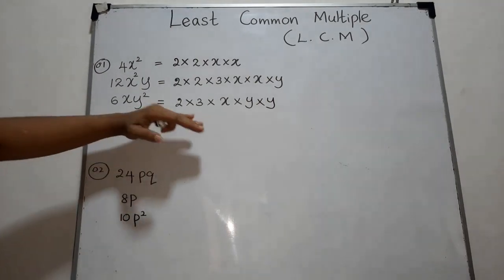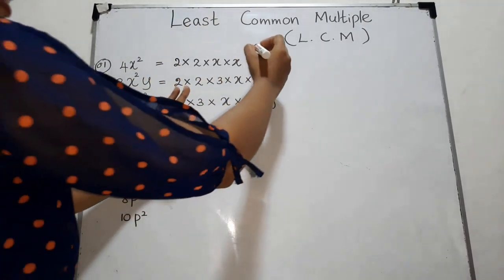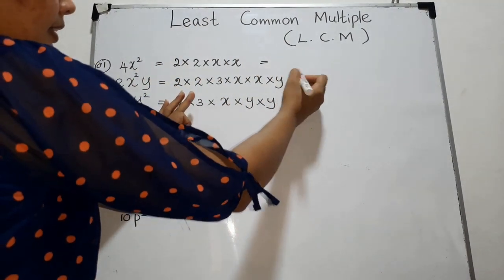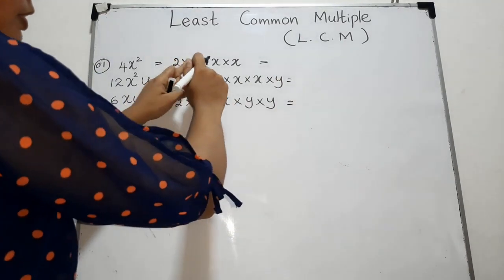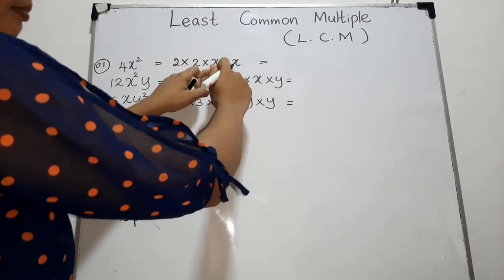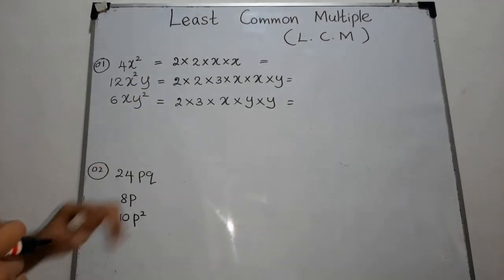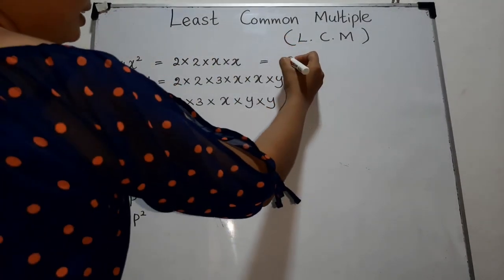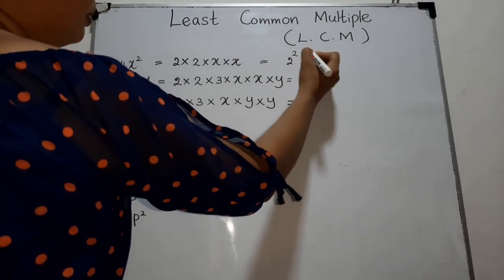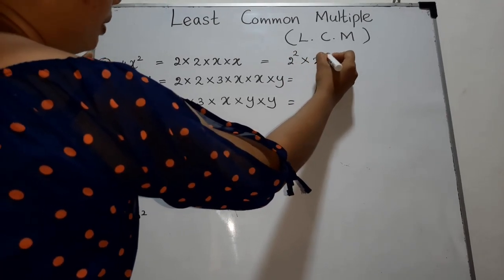Now you know how to find the LCM. First we have to write those products of terms with their indices. Here 2 into 2 into x into x can be written as 2 to the power 2 into x to the power 2.